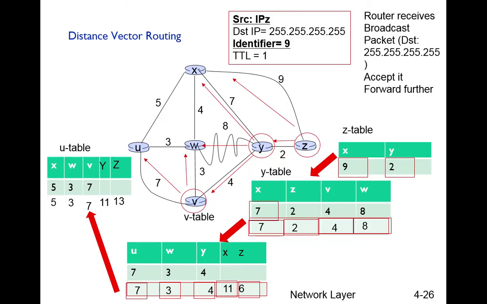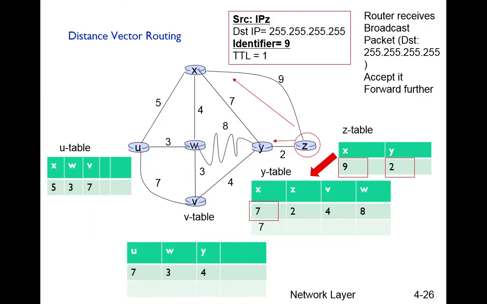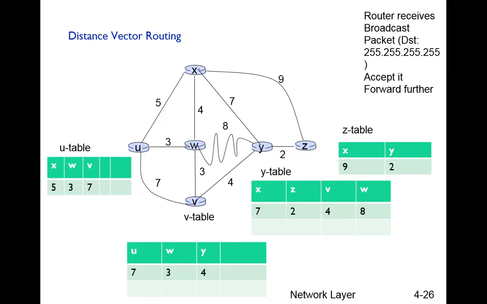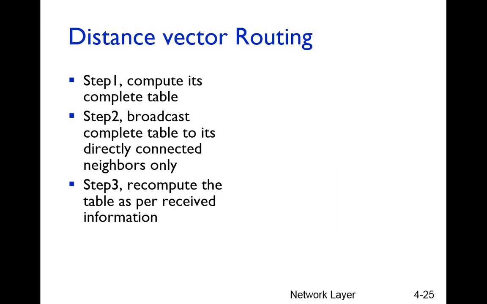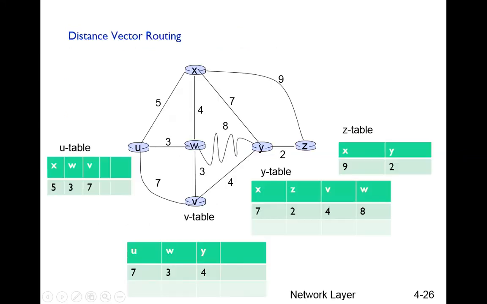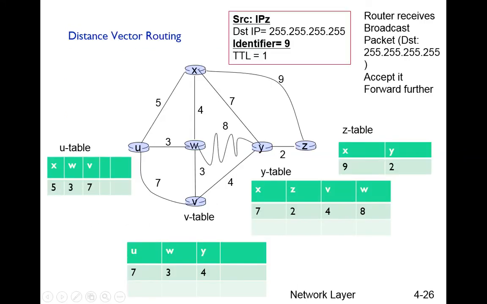Okay, so I have just explained to you, what is the second step? The second step is that each node broadcasts its complete table to its directly connected neighbors. So how is it broadcasted to directly connected neighbors? We discussed that when node Z transmits the message, it will set the TTL value to 1, so that the message is received by its neighbors, and when the neighbors forward it further, they first decrement the TTL.